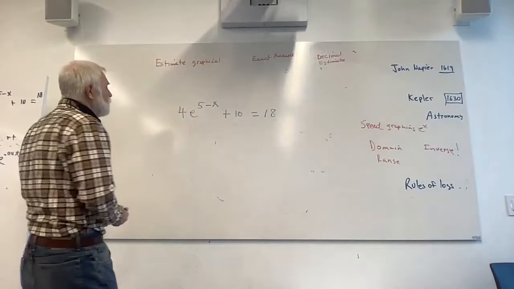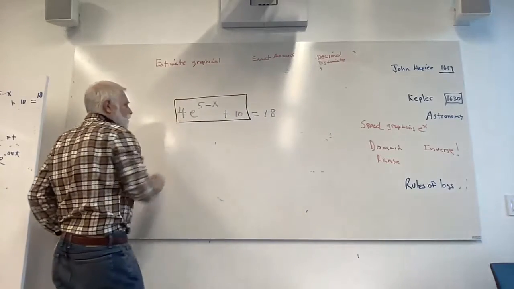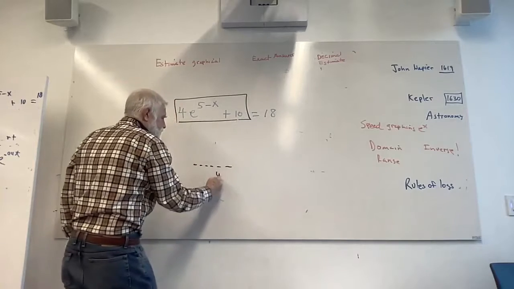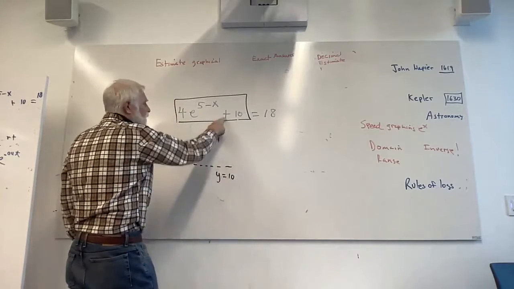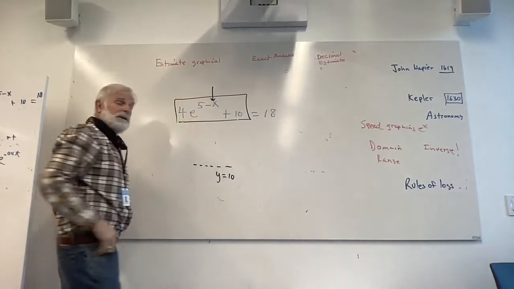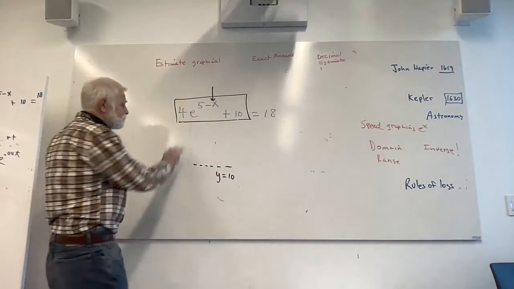No, I'm good. All right, so I am going to sketch this side of the equation. I see y equals 10. I see everything is above it. Oh, I see a negative x. I think that's decay.